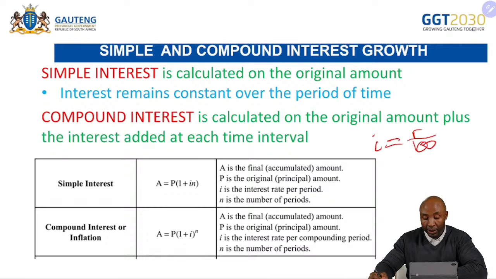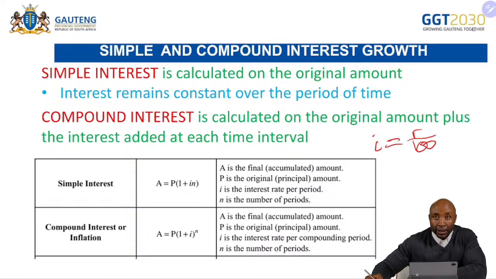That is very important. Also, simple interest, we use it a lot when we are looking at things like hire purchase. Our interest is normally calculated using the simple interest formula. It was done in grade 10. Hopefully you have managed to revise it again this year.